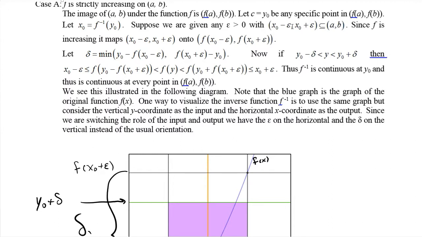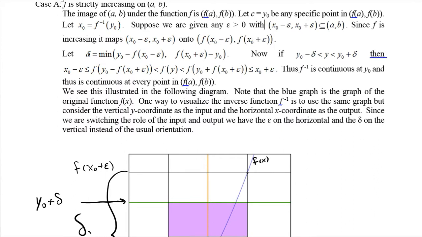And if it's not, just pick a smaller epsilon, because we want to think of a small epsilon to make this work. Now, since f is increasing, f maps the interval from x sub 0 minus epsilon to x sub 0 plus epsilon onto the interval f of x sub 0 minus epsilon to f of x sub 0 plus epsilon.